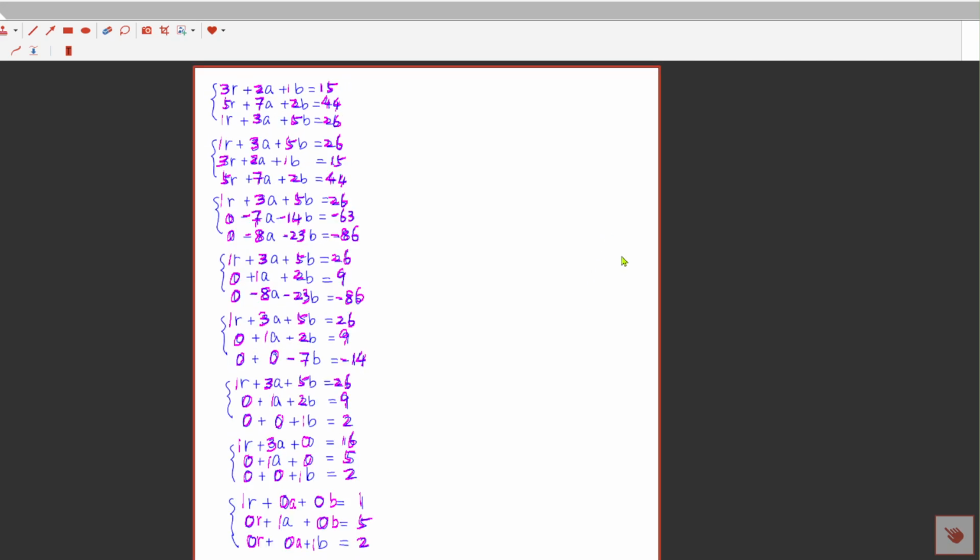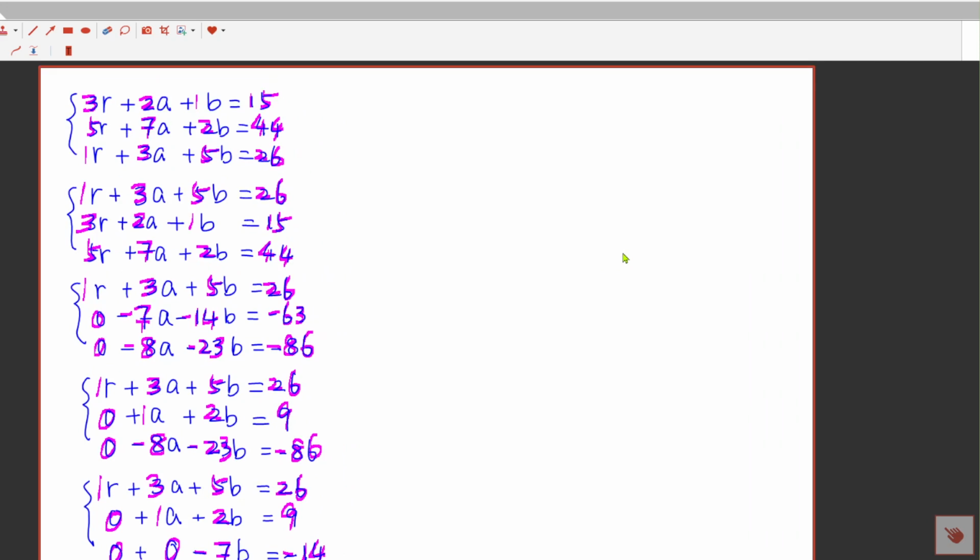So in the future, actually you don't have to write all of the equations. We can just write the coefficients of each equation together with the constants.